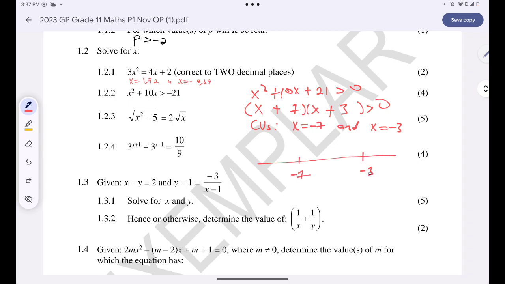I have -7 and -3, and I must place them from the smallest to the largest, all the time. The smallest value is on the left hand side, the largest value has to be on the right hand side. Are we together? This is greater than 0, it's not greater or equal. So both my critical values are not included, will never be a part of my solution.